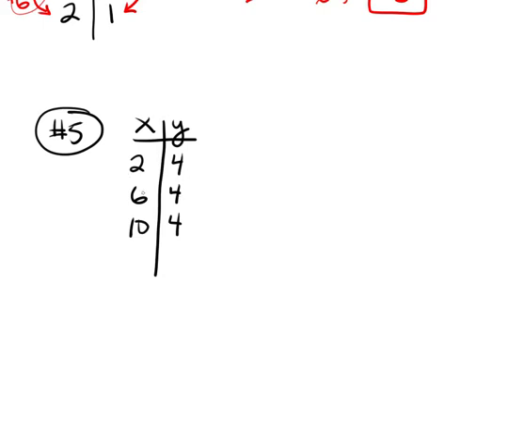So 2, 4, 6, 4, 10, 4. Those are our points. And then when we go to, something's funny here because from 2 to 6 is 4, but then I'm thinking over here, 4 to 4, oh, that's just, we have a number for that.